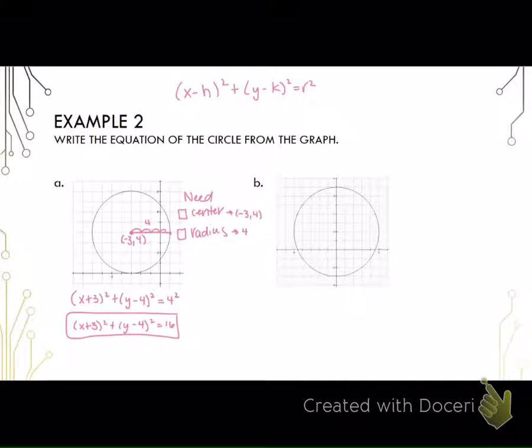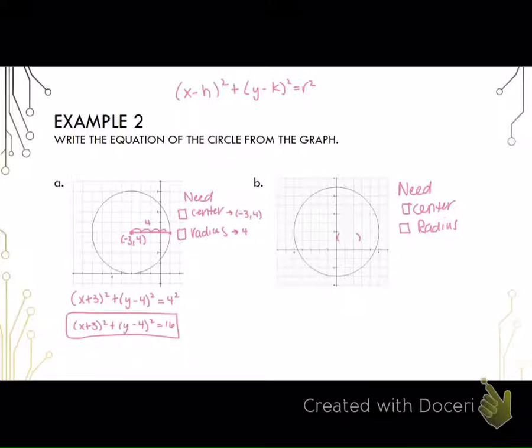No. Okay, so we need the center and the radius. Kylie, where is the center on this one? Two? That is a 2, yeah.